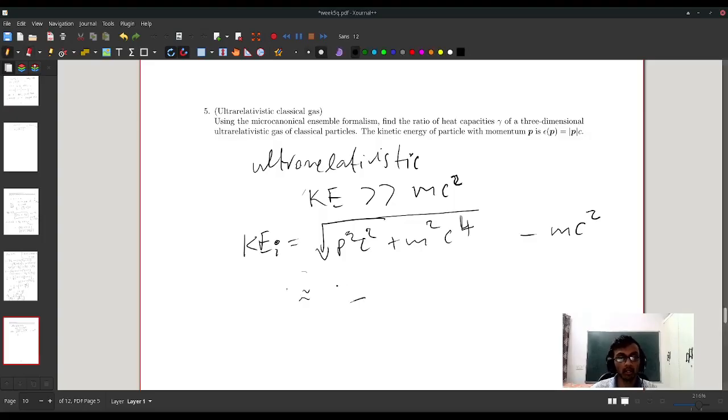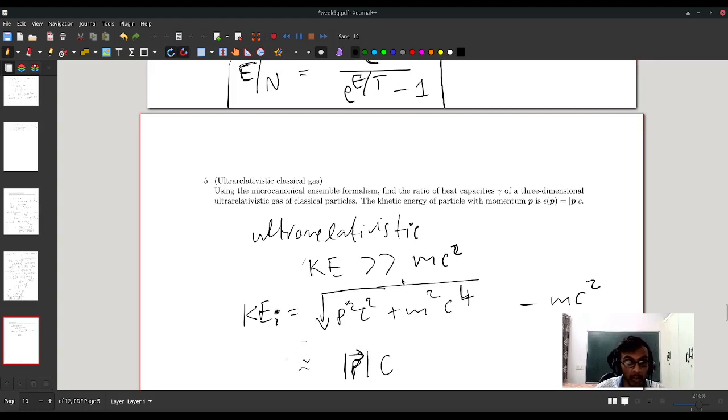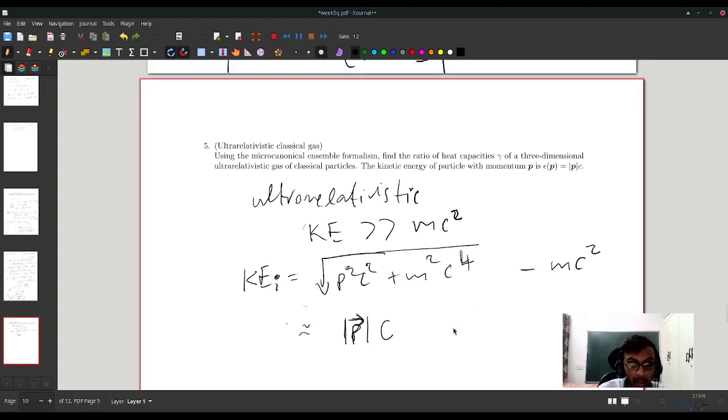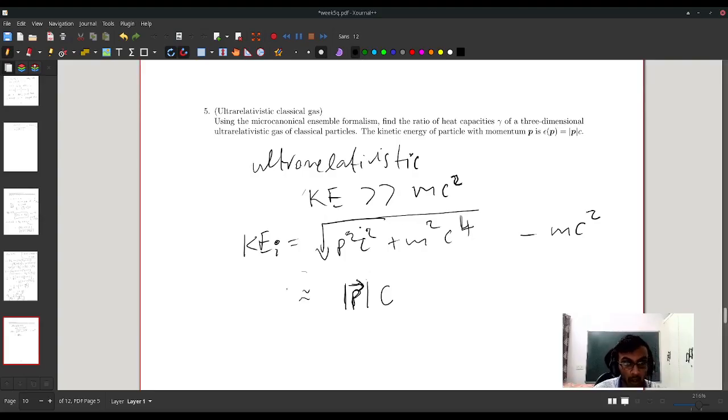This is what we have in this problem. We can assume to start with that there are a bunch of particles in some box, in some container at fixed energy, where the kinetic energy of each particle depends on its momentum like this. Such particles can arise in this ultra-relativistic limit, or in other situations.